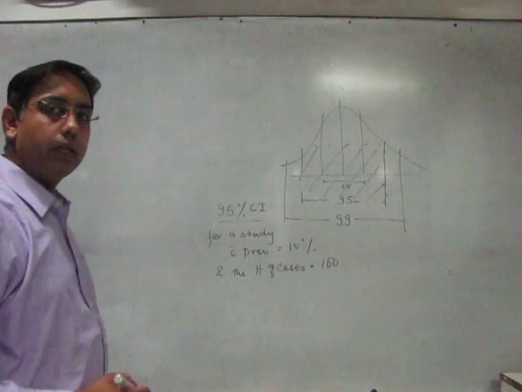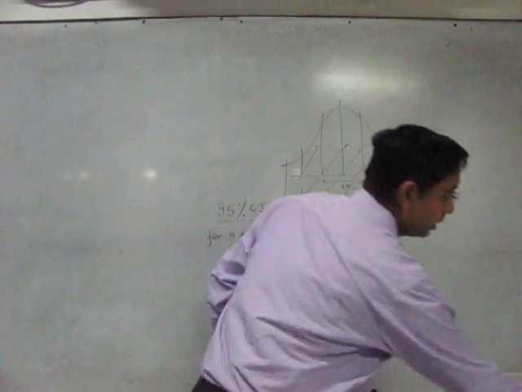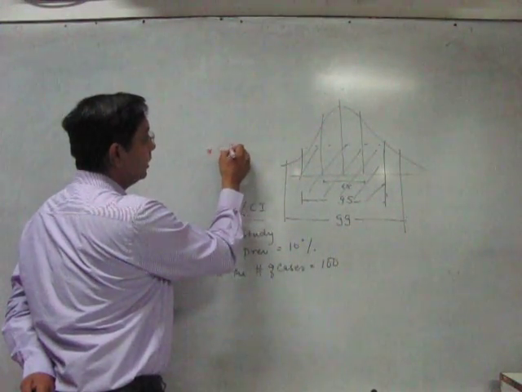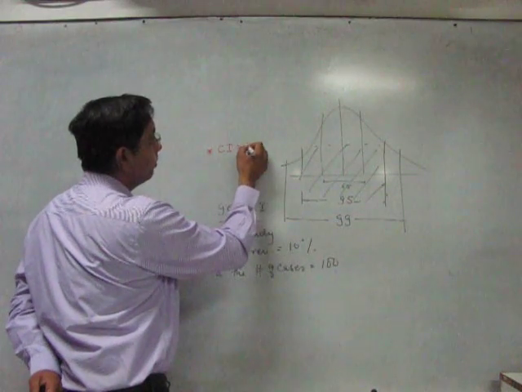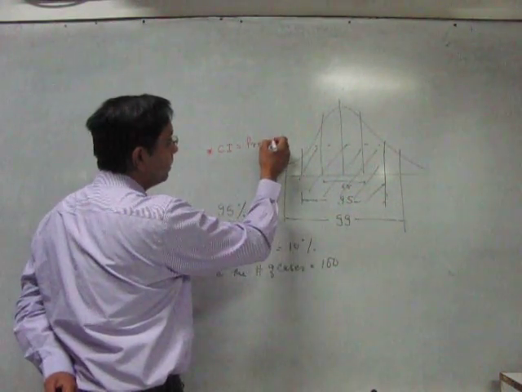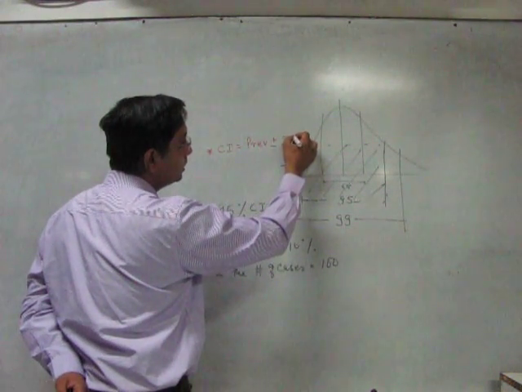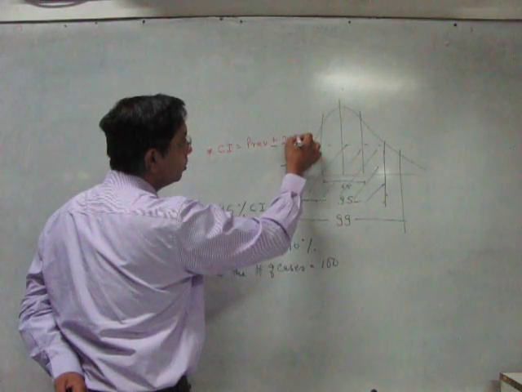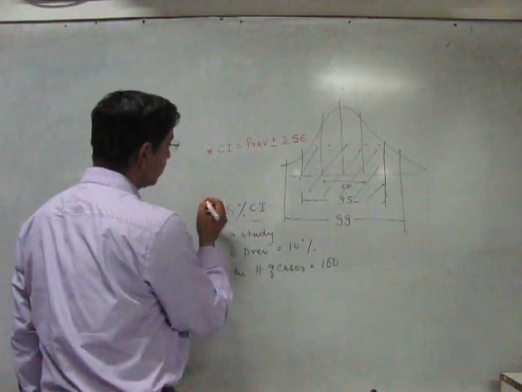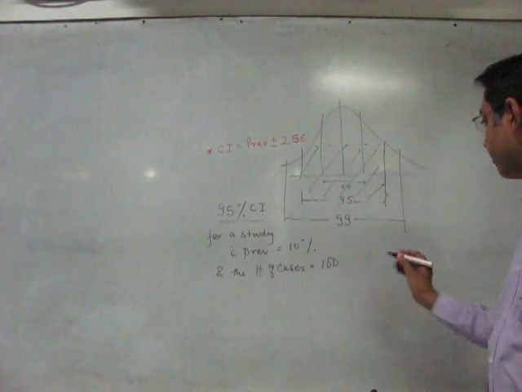So how to calculate the confidence interval? Please remember a simple formula, that confidence interval is given by prevalence plus minus 2 times of the standard error. 2 times of the standard error. So what is standard error?